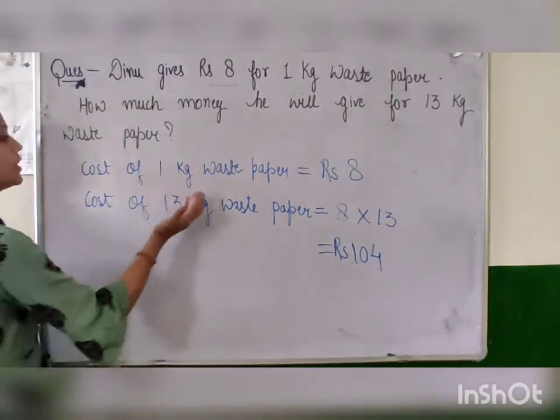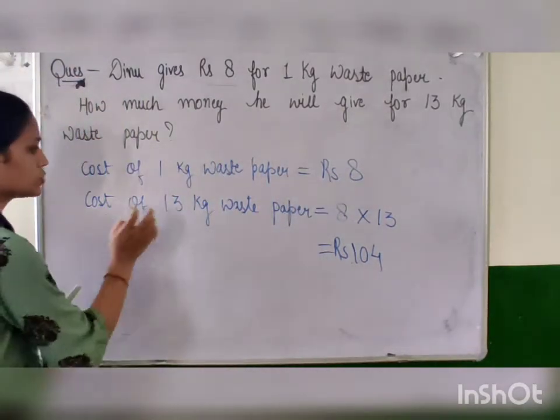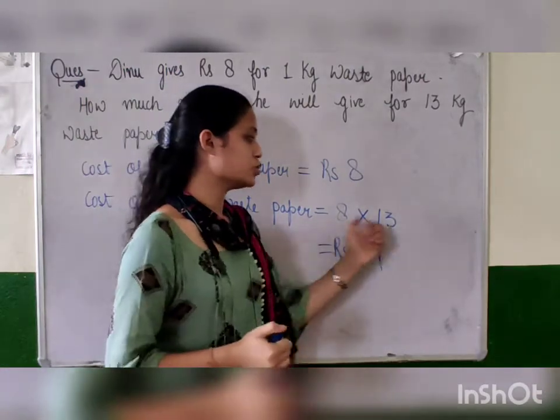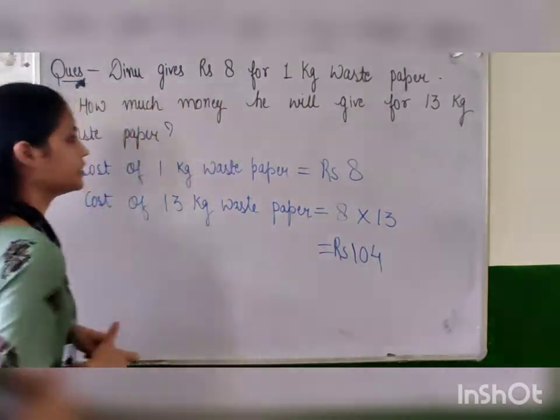Because the cost of 1 kg waste paper was rupees 8, so cost of 13 kg waste paper was rupees 8 into 13. So answer is rupees 104.